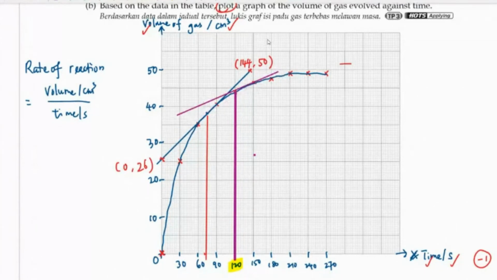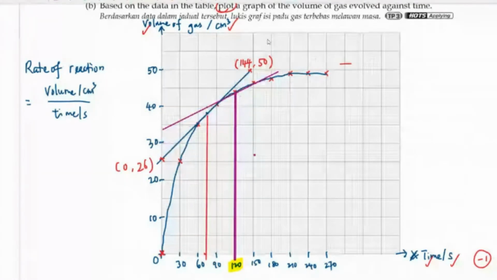Okay class, if you draw like this, it's wrong already. The line cannot enter the curve. It must be outside. So not good.